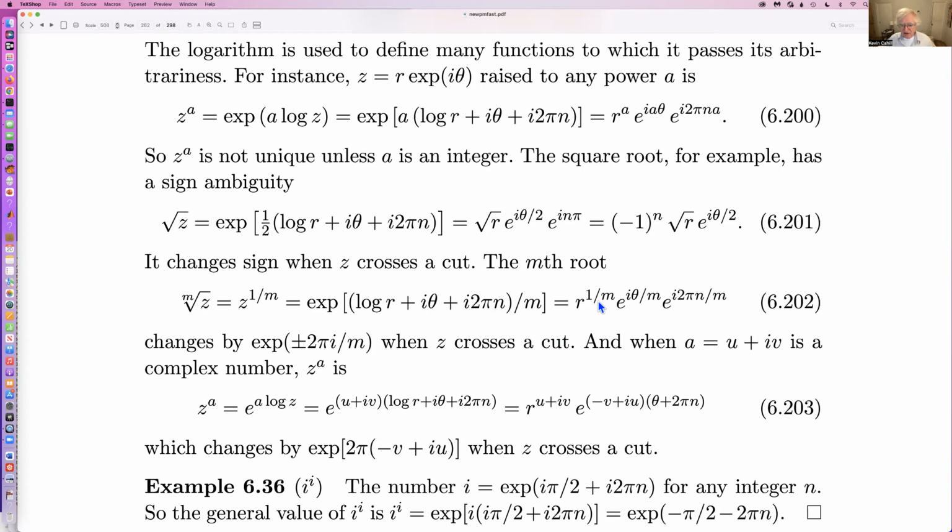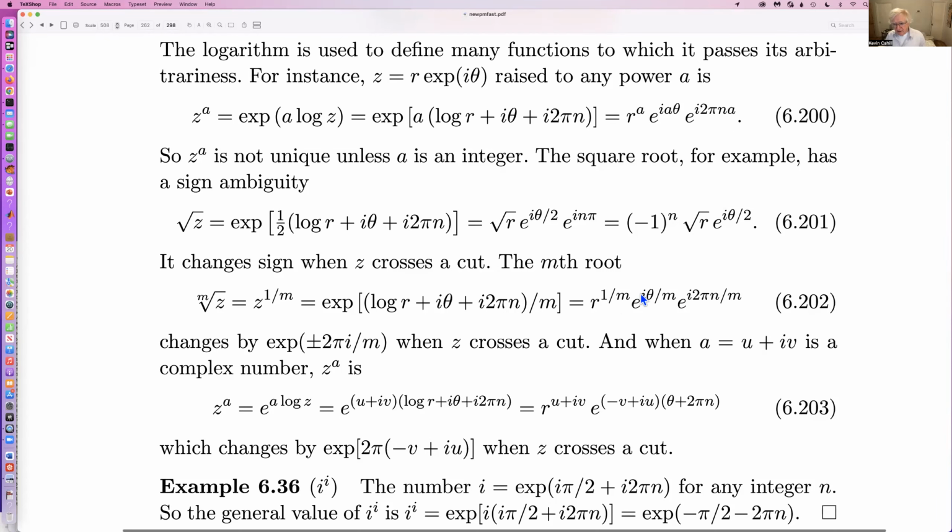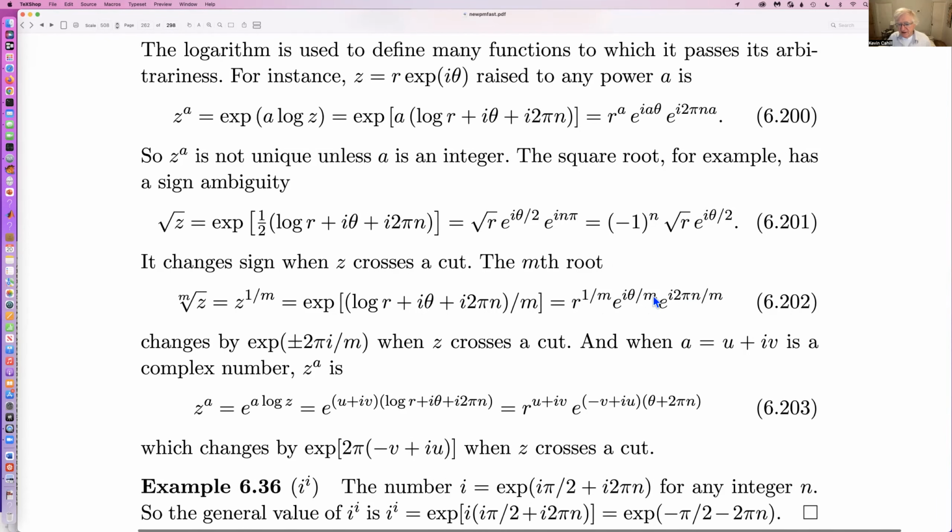And working this out, we have the mth root of r, e to the I theta over m, and then this factor that's dependent upon the convention of what n is and where the cut is. And this changes then by plus or minus e to the 2 pi I over m whenever z crosses a cut.